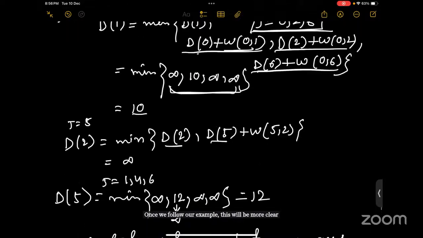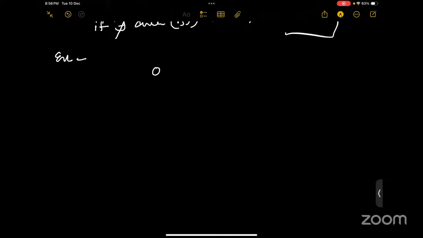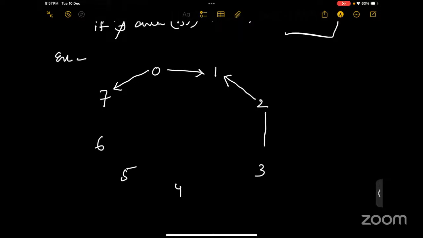So let us again draw the previous graph. So 0, 1, 3, 4, 5, 6, and 7, right? Screen is visible, no? Yes.